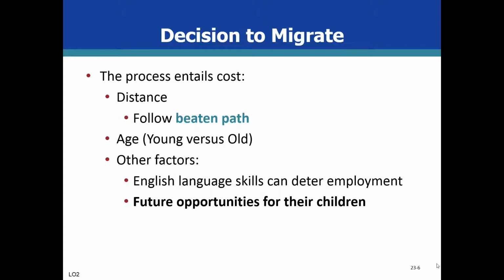Finally, the lack of English skills can impede an opportunity to work in certain jobs. Some you can get by on the home country language, but you can imagine in a situation where there is a higher wage, maybe in the office or interacting just with customers. Without those English language skills, it really deters their opportunity.